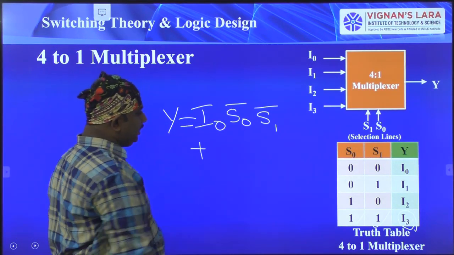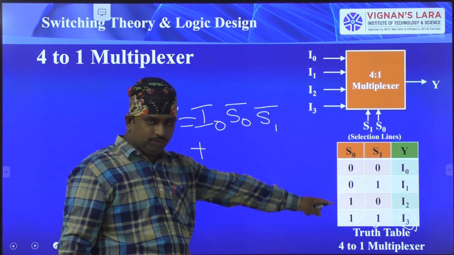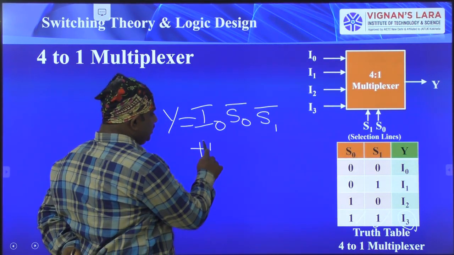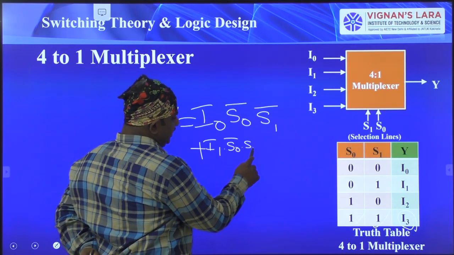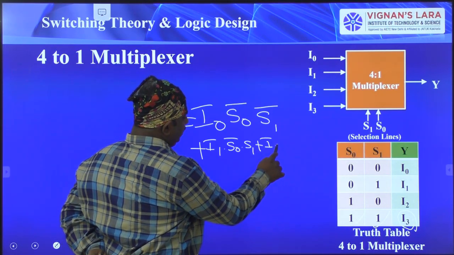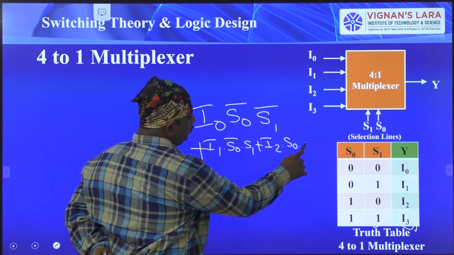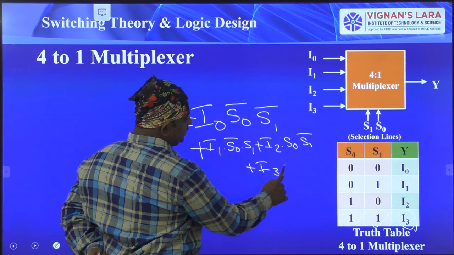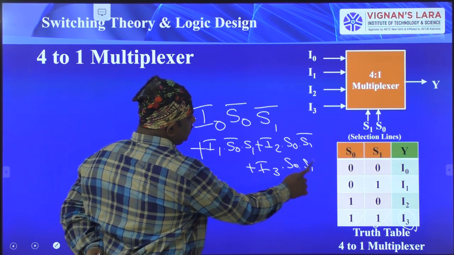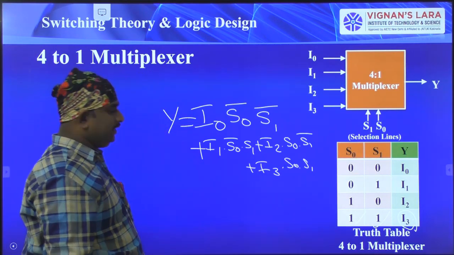Next, not only I0, we have 3 more cases, that is I1, I2, I3. So I1 into S0 bar into S1 plus I2 into S0 into S1 bar plus I3 into S0 into S1. This is the output functionality.